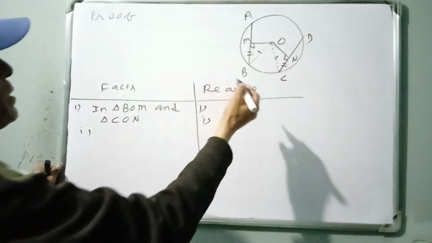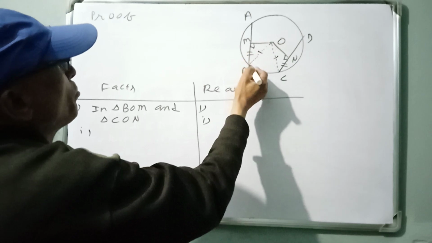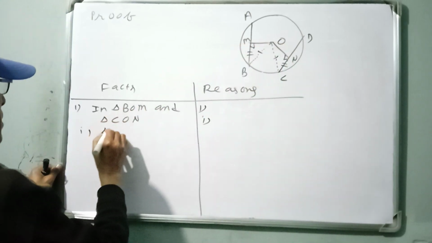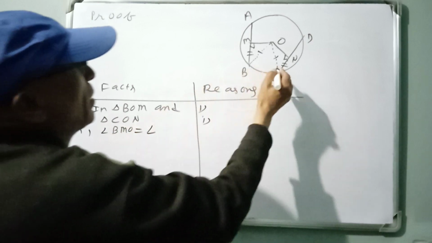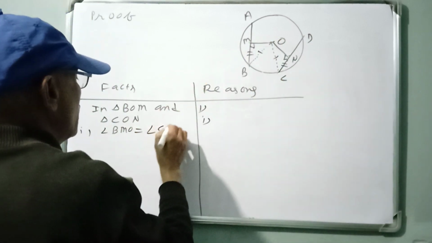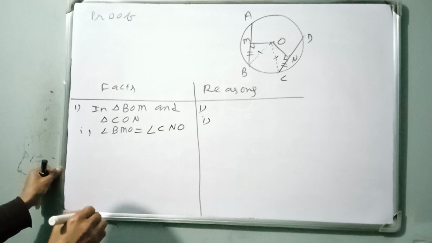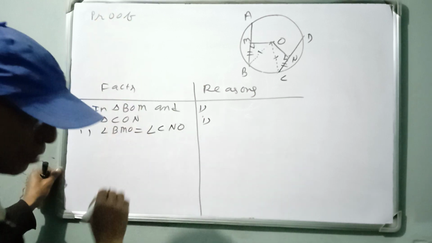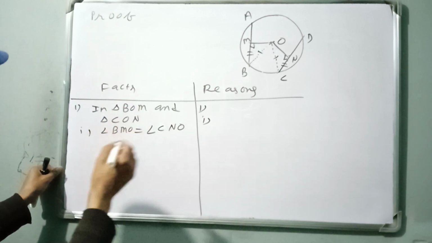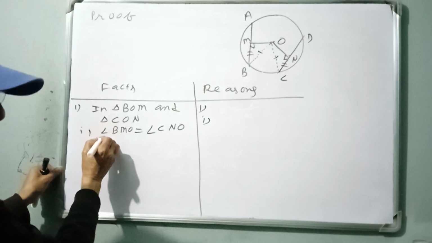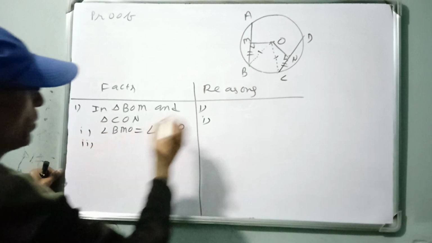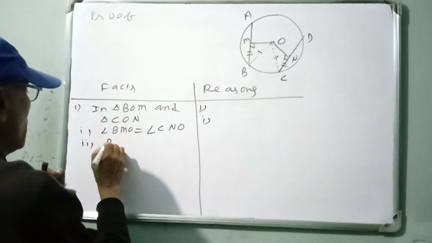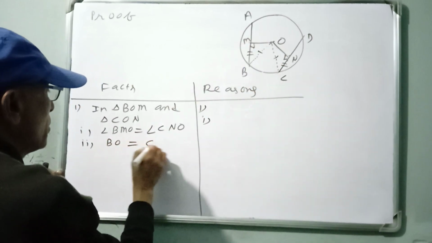Can you say which is the right angle? Angle BMO equals angle CNO. In some books the angle is written in this way, but here it is a right angle. Hypotenuse is BO and CO. BO equals CO.